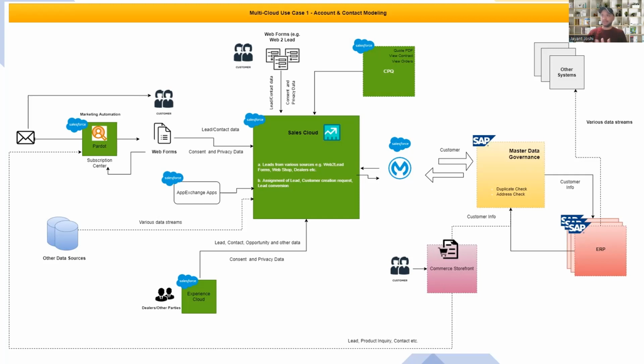So a lot of data is being injected into Salesforce from different systems, but Salesforce is the master for contacts. Contacts are maintained and mastered in Salesforce. Duplicate checks happen in Salesforce, and then it's distributed to other systems wherever there's a need, for example, for code generation. This is a very good example of account and contact modeling.